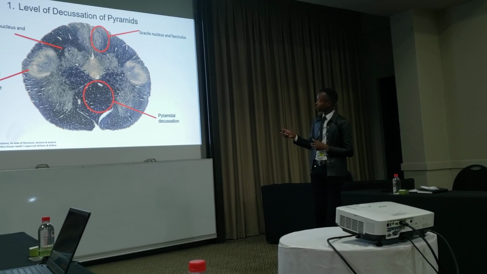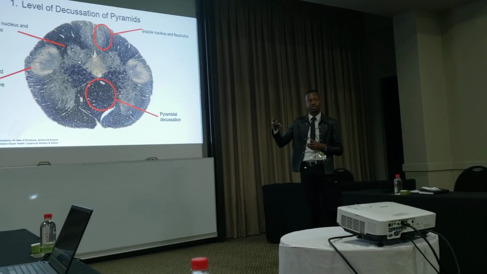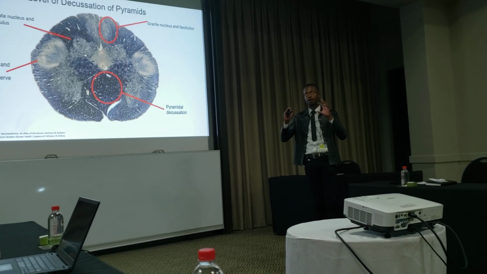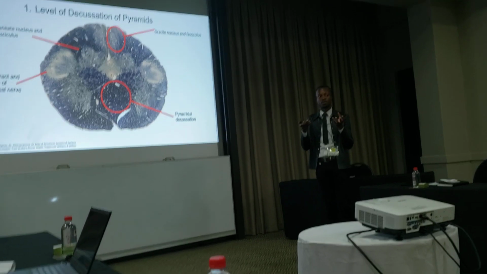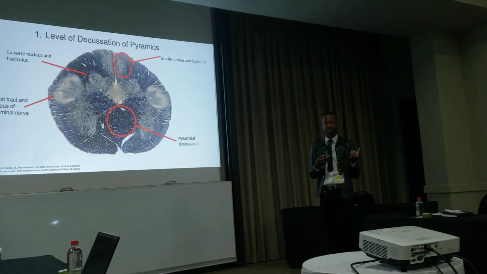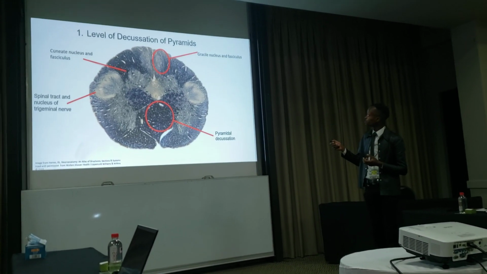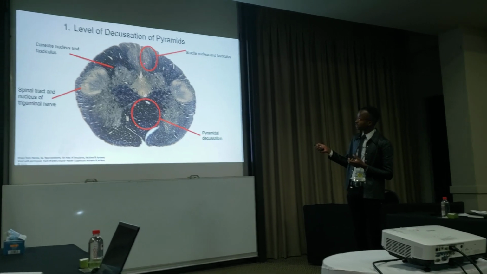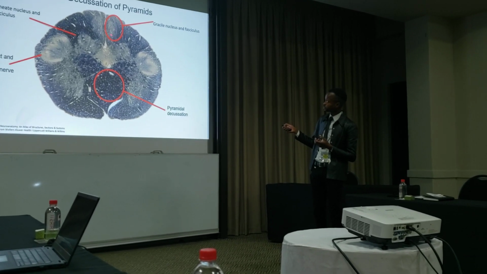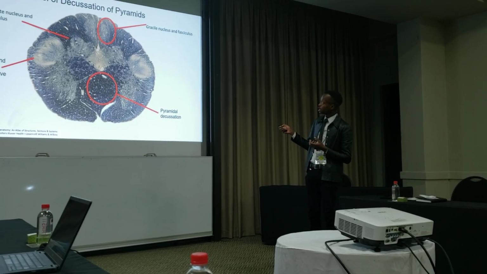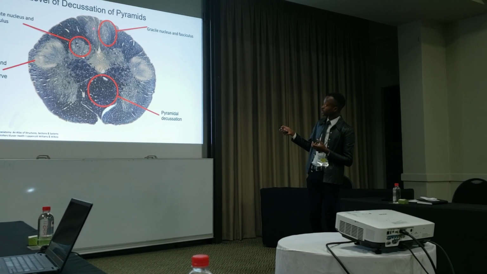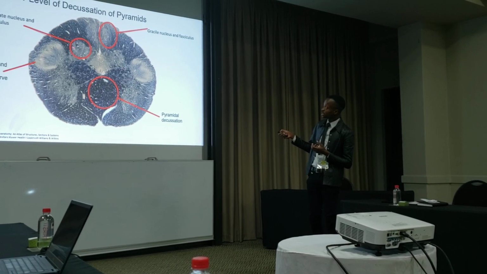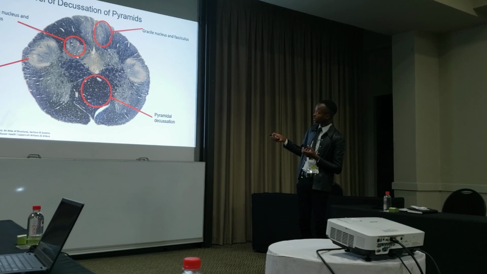Then if you go to the dorsal aspect, remember I said on the outside you're going to have eminences as a result of underlying nuclei as well as their fasciculi. So the one that is going to be more medial, we're going to have the gracile nucleus and its fasciculus in that region. Then you have the cuneate nucleus and its fasciculus in this region.